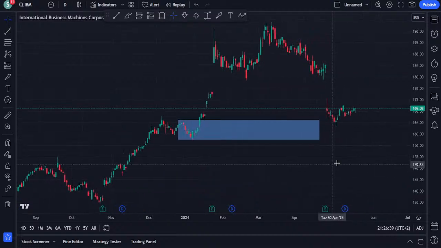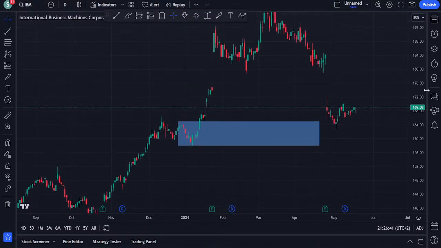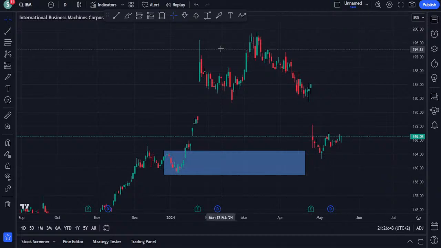But I was looking at IBM for long, so the idea was, okay, we came here, we closed higher, and my idea is this level needs to have some kind of reaction long. I know, yes, even though the gaps, yes, we have a change in direction and we should look for shorts from here, but whatever.